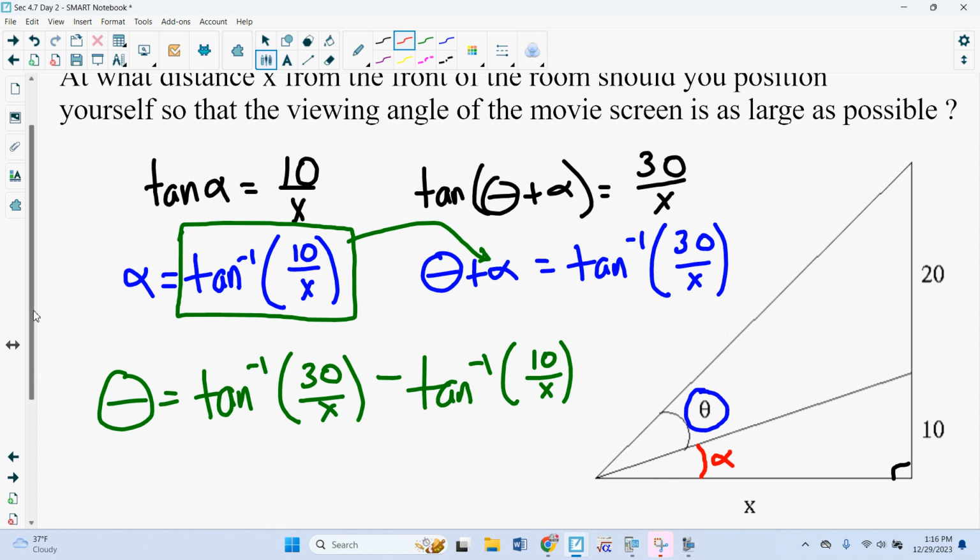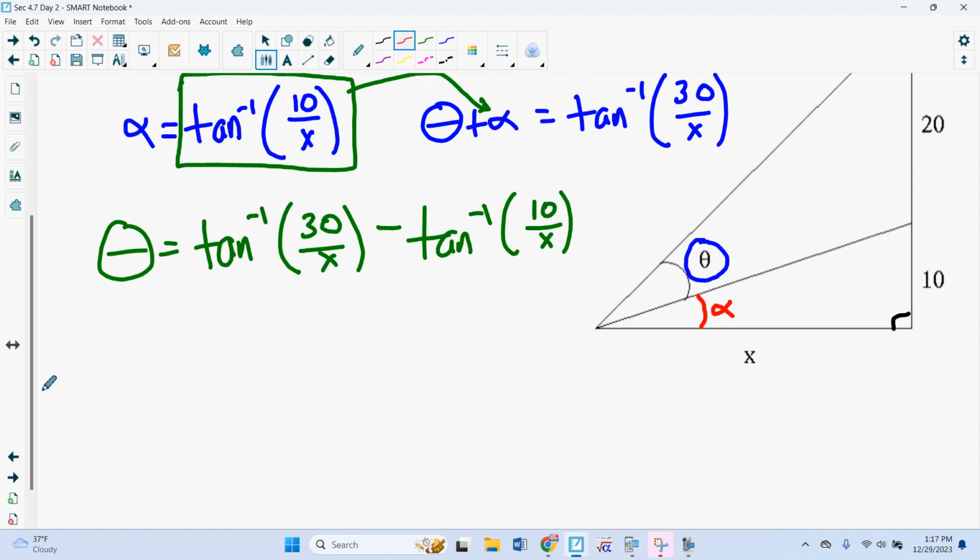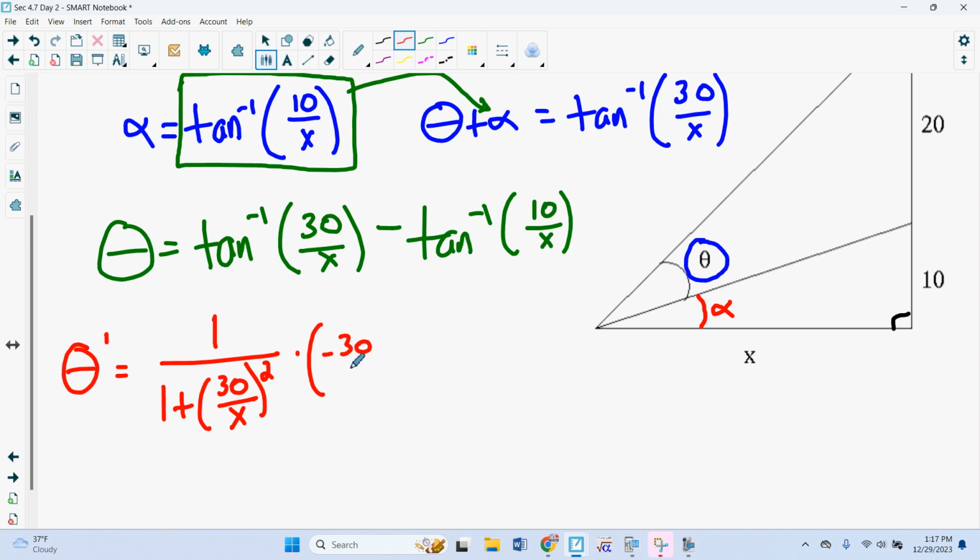The first thing we need to do is take the derivative. The derivative of inverse tangent is 1 over 1 plus (30 over x) squared, times the derivative of the inside, which is 30 over x, which is negative 30 over x squared.